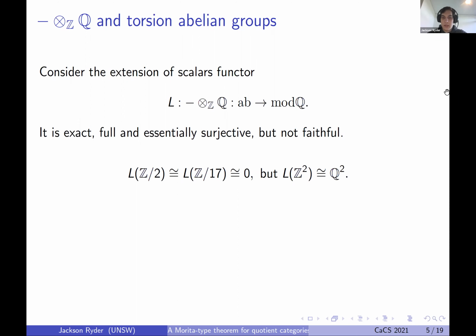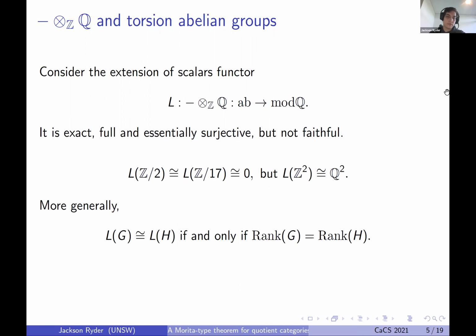But for any non-finite abelian group, so if we have some free component, say Z squared for example, it's not going to be isomorphic to zero. So Z squared becomes a two-dimensional rational vector space. In general, any two abelian groups have isomorphic images under this functor if and only if they have the same rank.